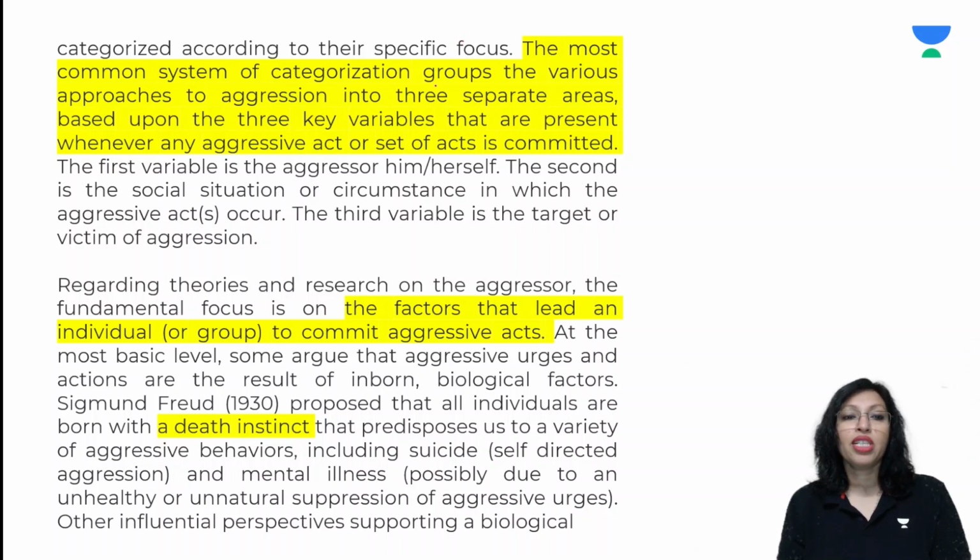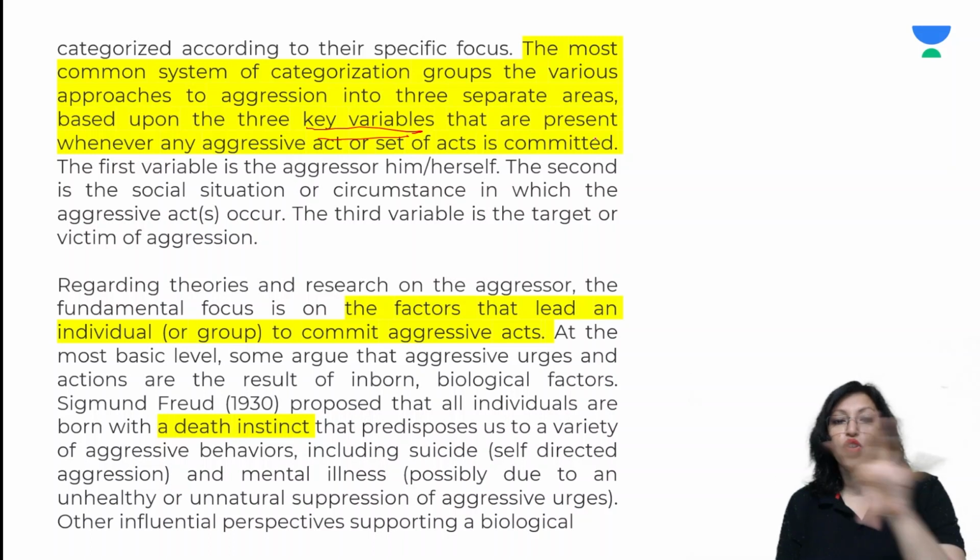The most common system of categorization groups the various approaches to aggression into three separate areas. So the common way of categorization says there are three separate areas based upon three key variables that are present whenever any aggressive act or set of acts is committed. So you have three variables that will be present. The first variable is the aggressor himself or herself. So the perpetrator of the aggression, that's the first variable.